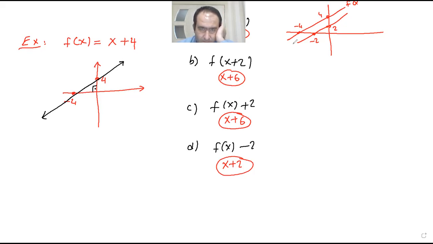No, x plus 2. Yeah, x minus 2. So yes, we shift the original graph to the right 2 units. Minus 2 is to the right 2 units.